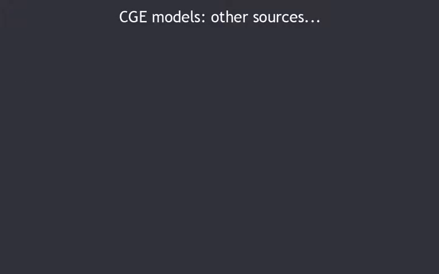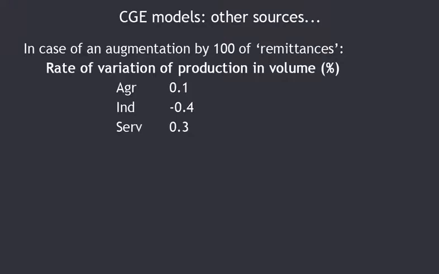Here are the results in terms of variations in production volume. In the event of an increase by 100 in remittances from workers who have emigrated abroad to local households, production increases by 0.1% in agriculture, falls by 0.4% in industry, and increases by 0.3% in services.